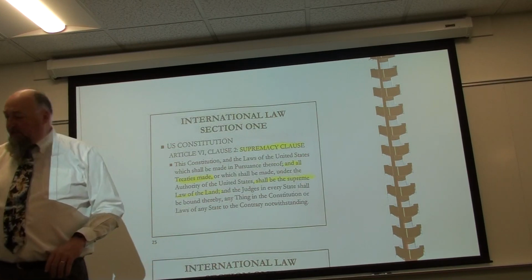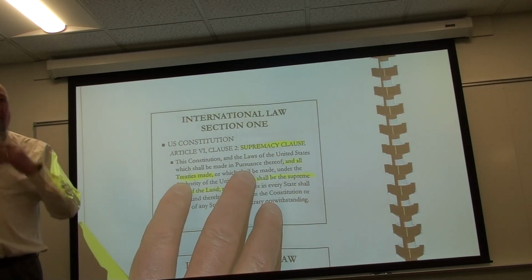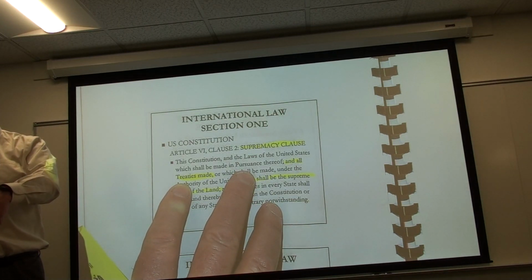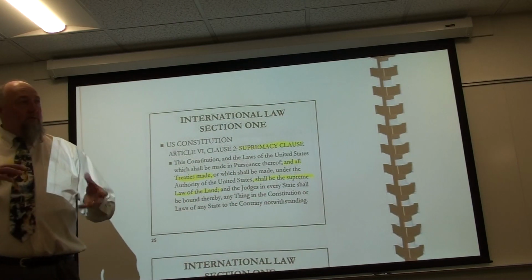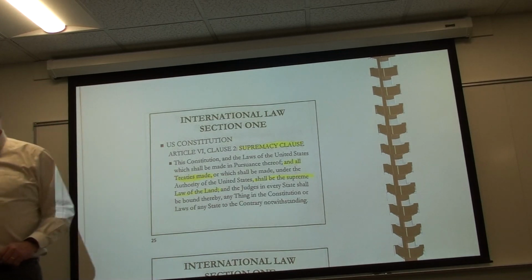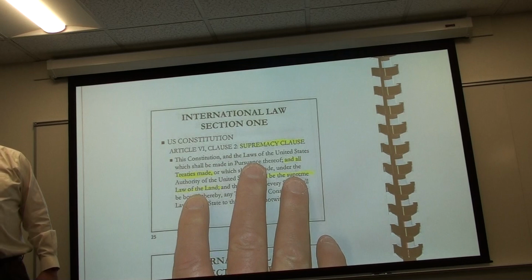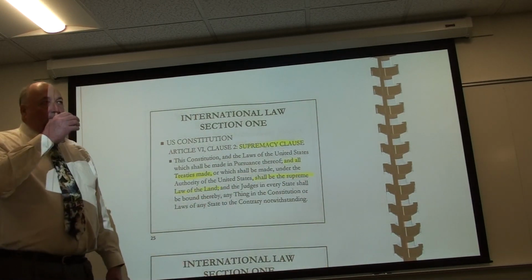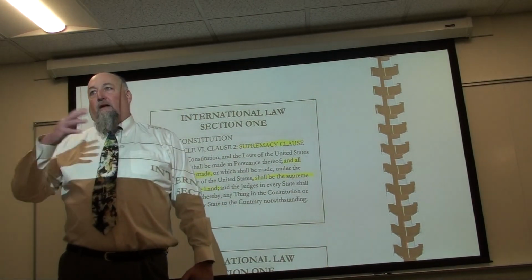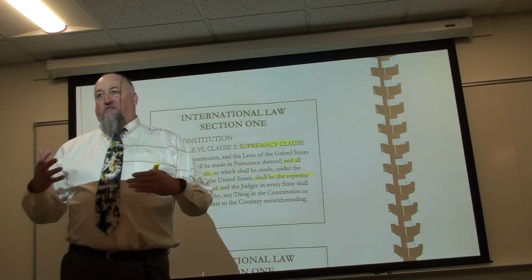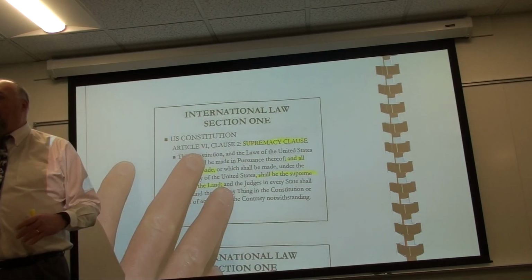So this essentially enacts, in a way, international law potentially domestically, even if they're in conflict with each other. Now, when this was written, hundreds of years ago, there wasn't as much international law. Now we have a lot of international law, and so now we're starting to see where this comes into play a lot more often in the real world.